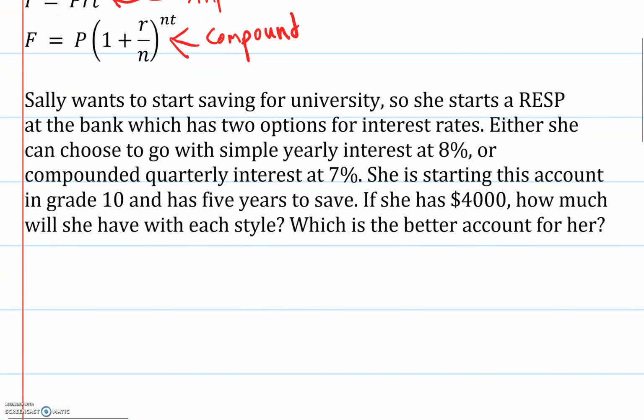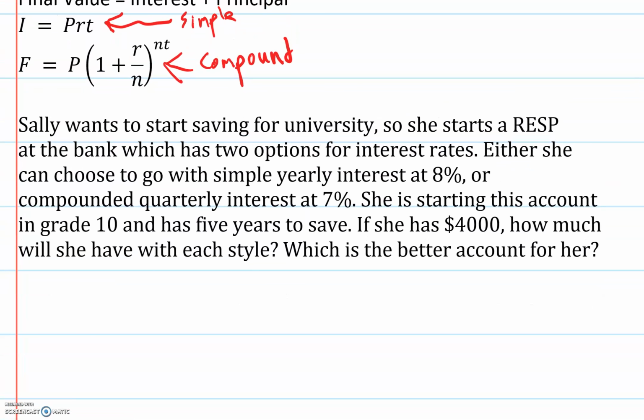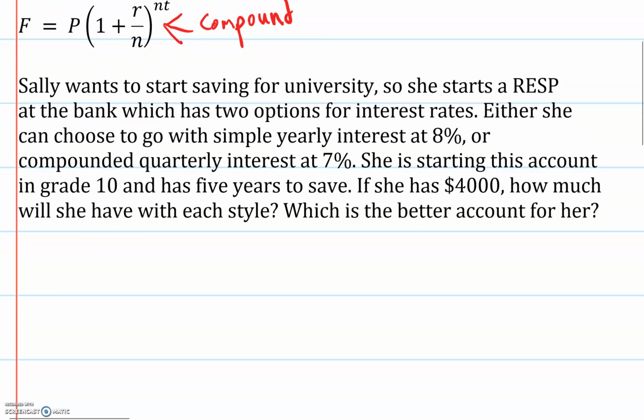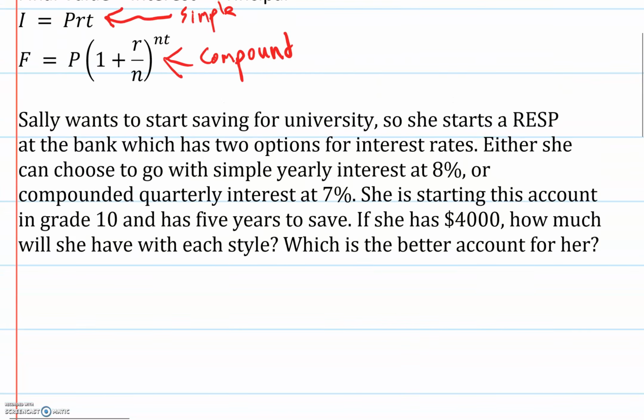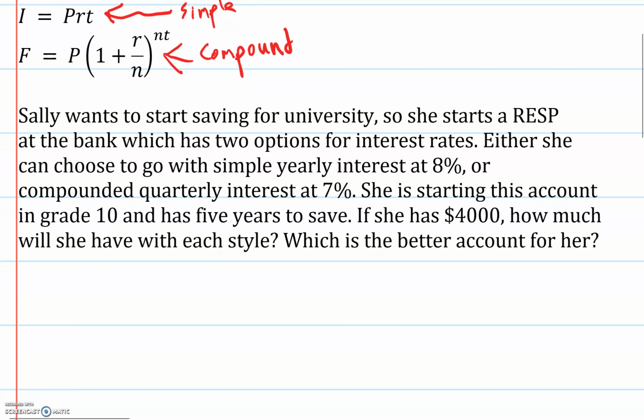Sally wants to start saving for university. She starts an RESP at the bank, which has two options for interest rates. Either she can choose a simple yearly interest rate of 8%, or a compounded quarterly interest rate of 7%.